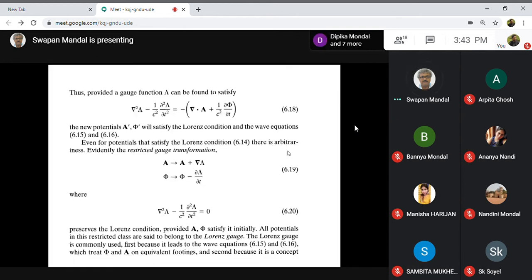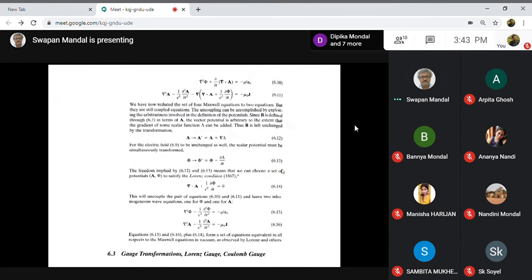Okay, so these are two basic equations first. I have already used the Lorentz gauge condition, and using the Lorentz gauge condition we have got these two equations. Now I want to use the Coulomb gauge condition. What is the Coulomb gauge condition? That is divergence of A equal to 0.